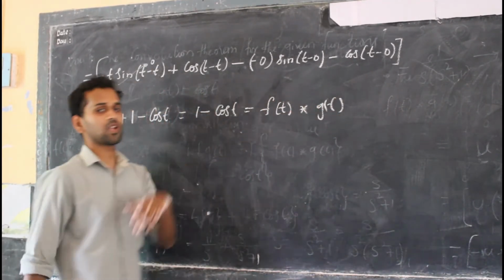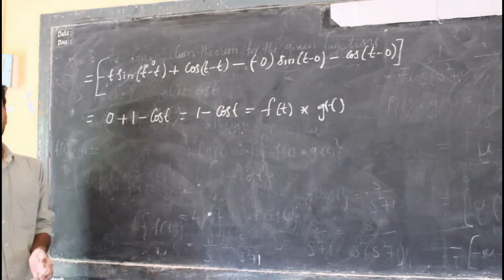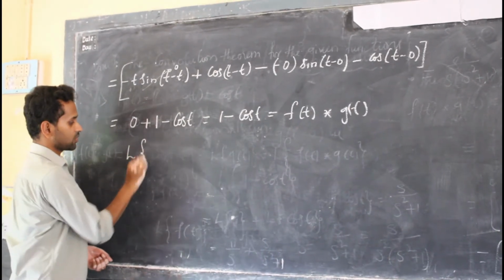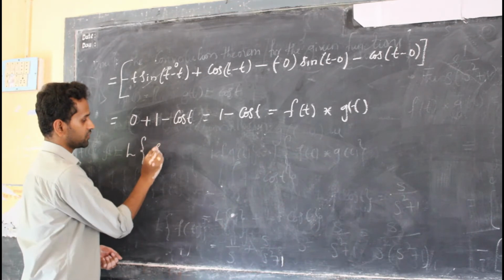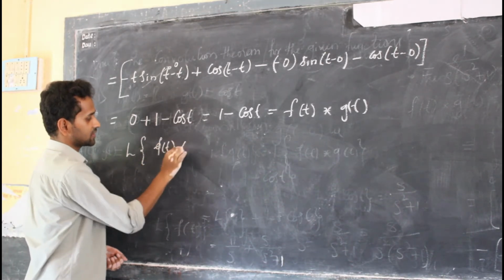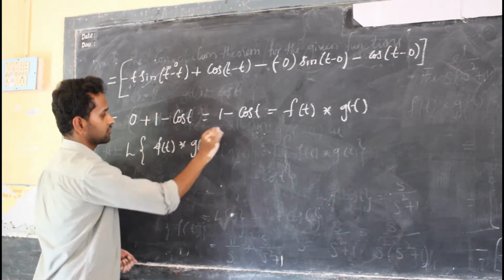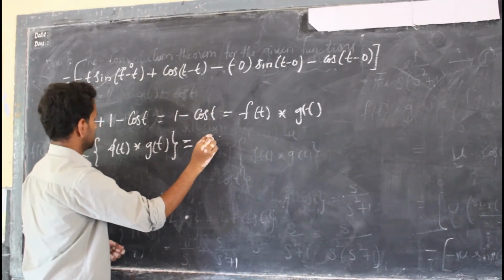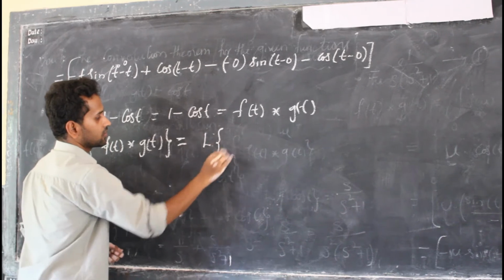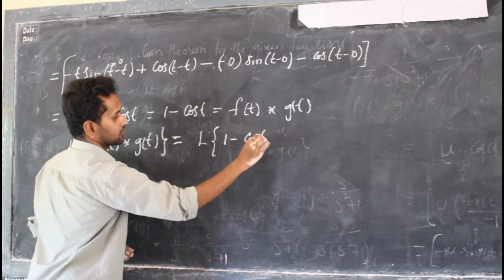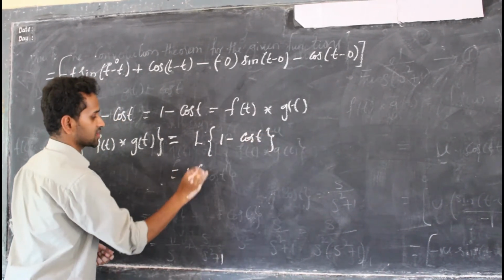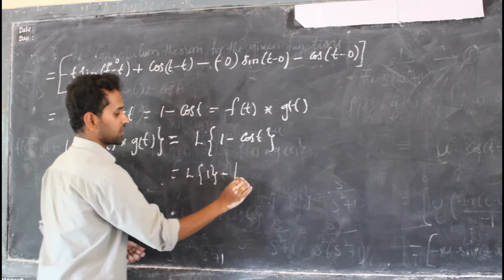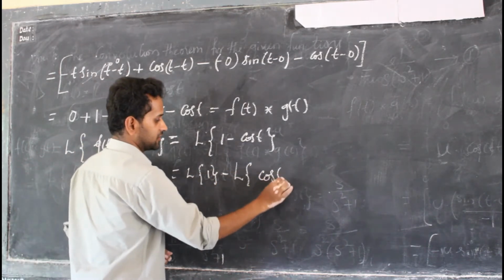Now let me find the Laplace transform of f of t star g of t. So the Laplace transform of the convolution of f of t and g of t equals the Laplace transform of 1 minus cos t. So this becomes the Laplace transform of 1 minus the Laplace transform of cos t.